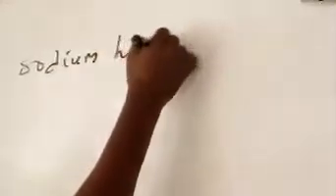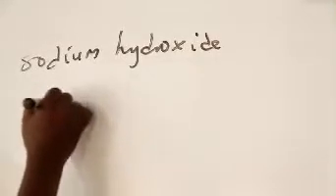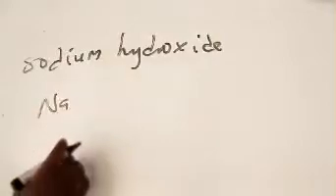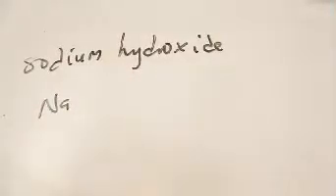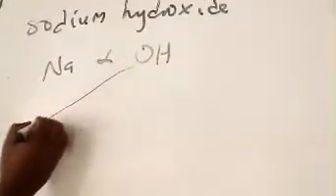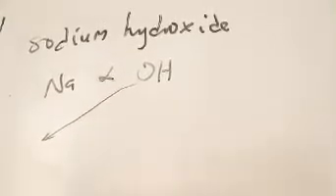Sodium hydroxide. The sodium is Na, as we know. The symbol comes from the Latin word natrium. Now we go to the hydroxide. Here in the table, the formula for hydroxide is OH. So you bring the OH, and this sign signifies combination. Now let's exchange their valencies.